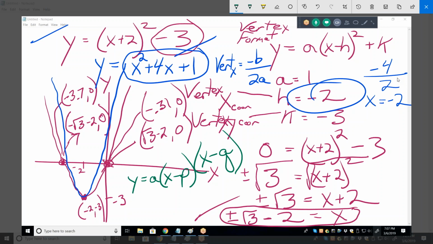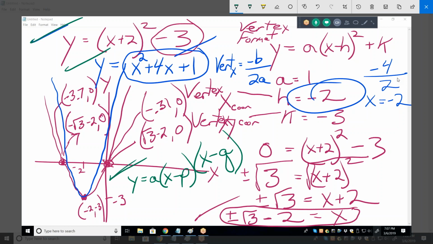It's a times x minus p times x minus q, where p and q are the x-intercepts. So there's three main formats. There's vertex format, there's standard format, and there's X-Intercept Format. Each one of them needs to be treated differently.